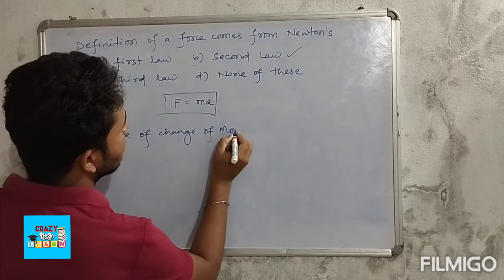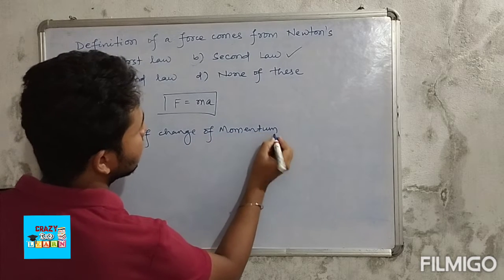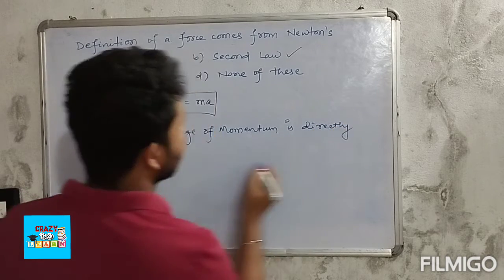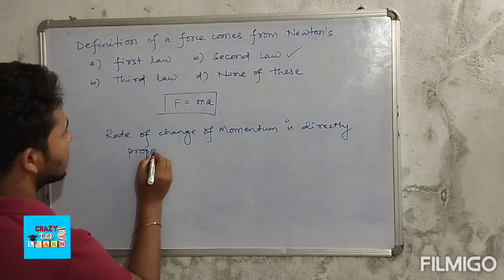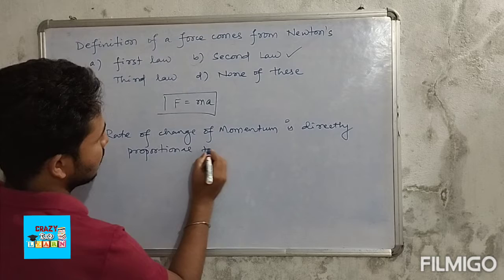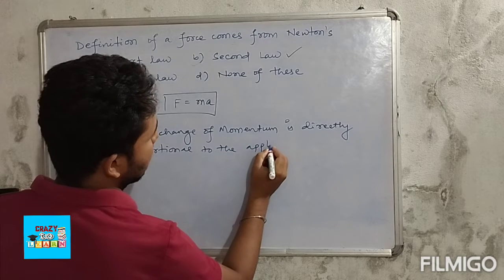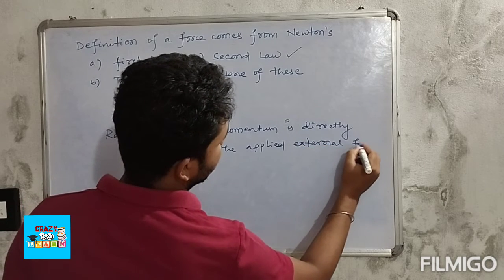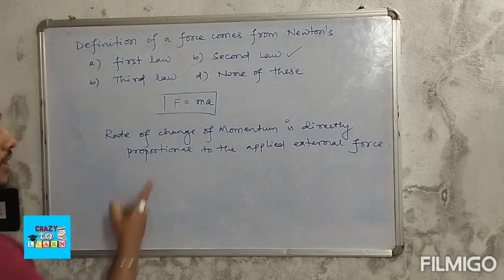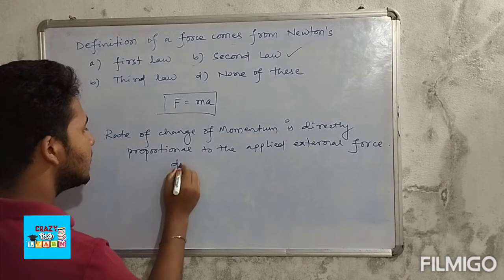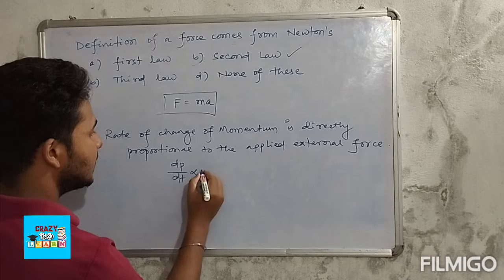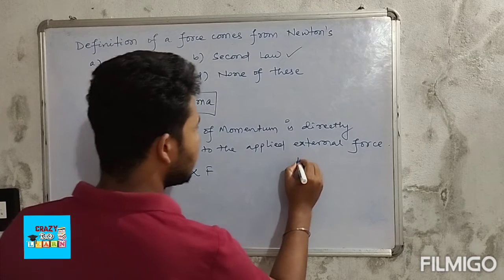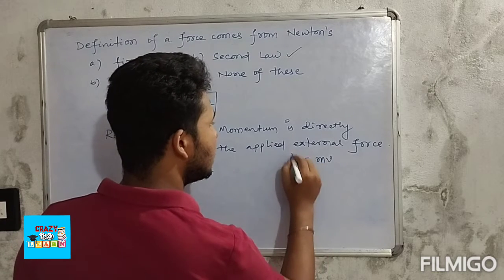Rate of change of momentum means dp by dt is directly proportional to the applied external force, and we know that the momentum p is equal to mass into velocity.